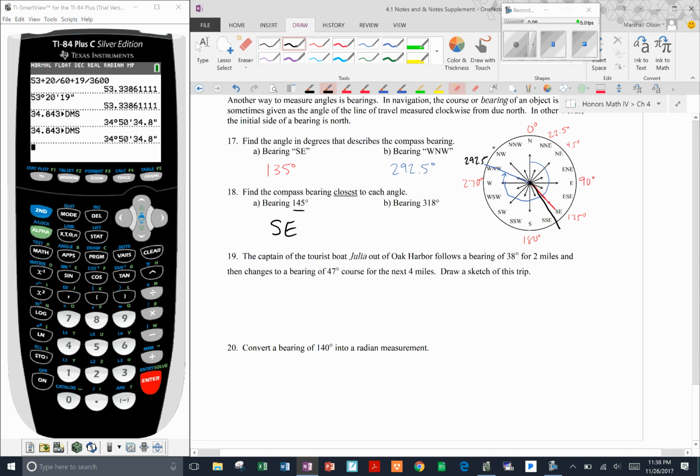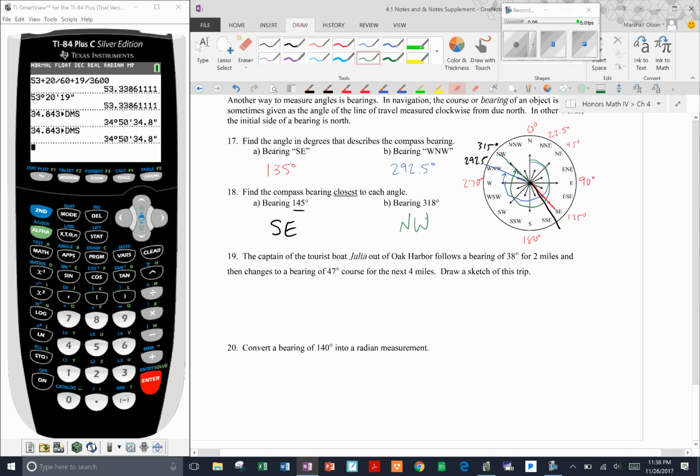This is 315 here. So 318 will be closest to that northwest, just a little bit past northwest. So the important thing to remember is that bearing is always a degree measure from due north, and it moves clockwise.